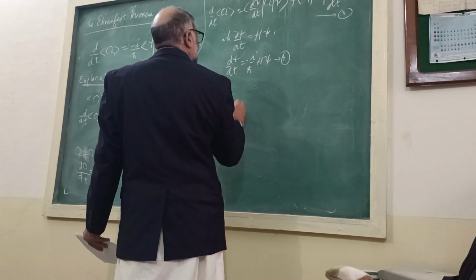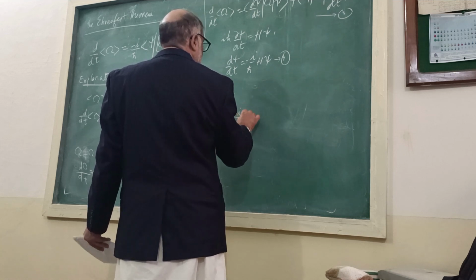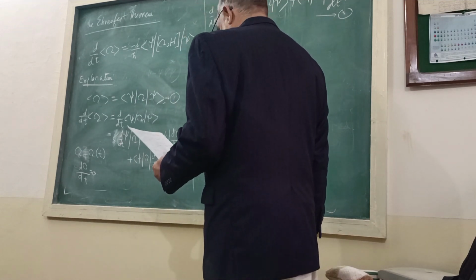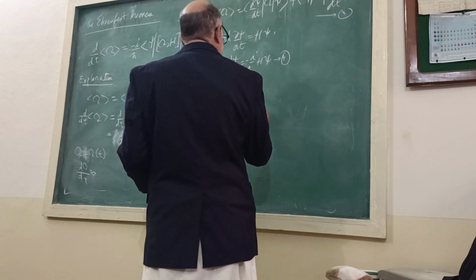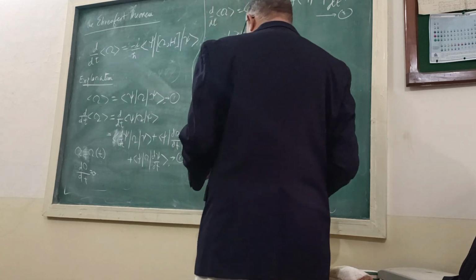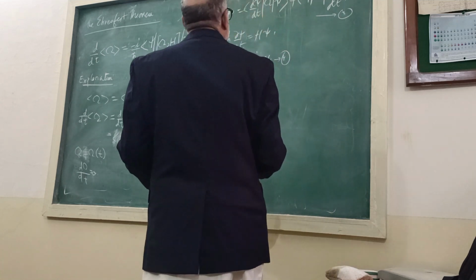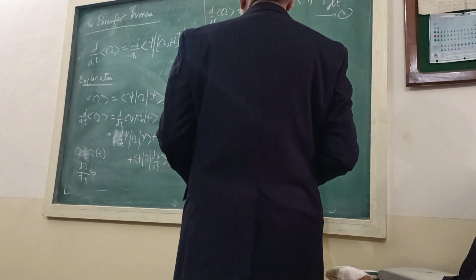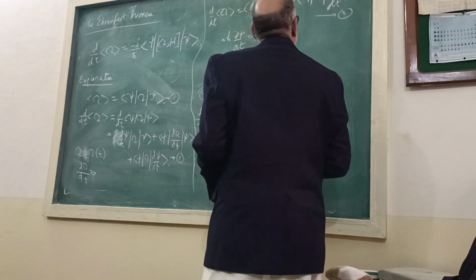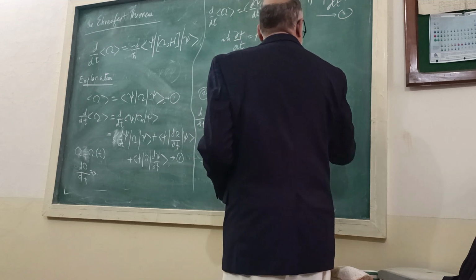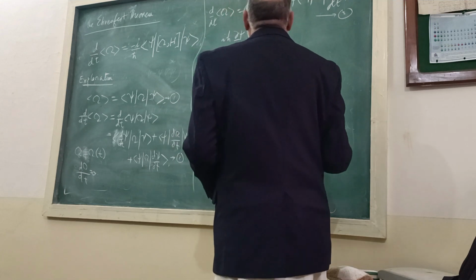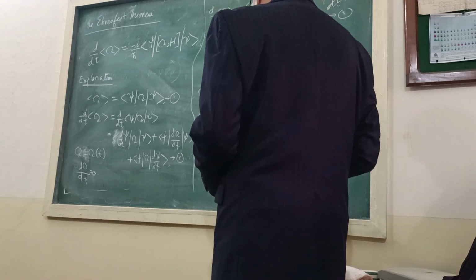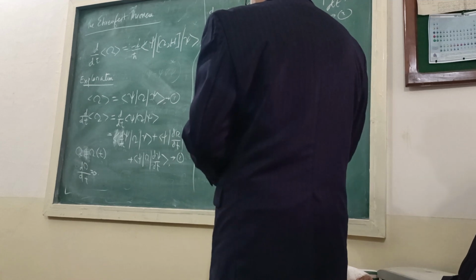minus i over h cut, H psi in the bra, omega psi, plus psi omega, and here minus i by h cut, H psi.